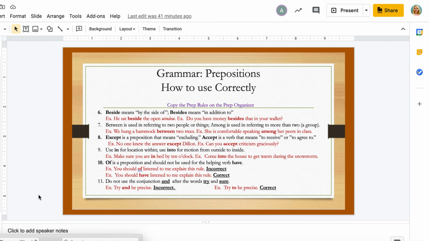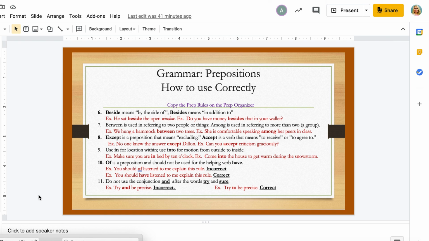The preposition of has too many times been mistaken and used as a helping verb, have. It is not ever to be used as a helping verb. It's a preposition. Leave it in the preposition category. Do not ever use it as a helping verb. I have read several papers, several answers, several paragraphs this year alone from students who have made that mistake.